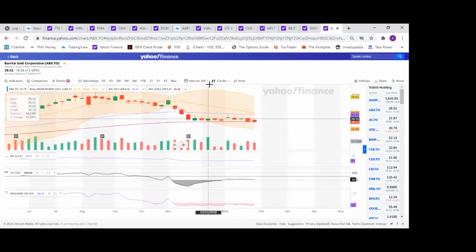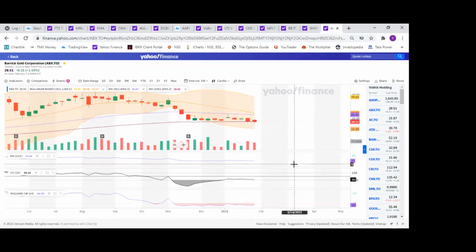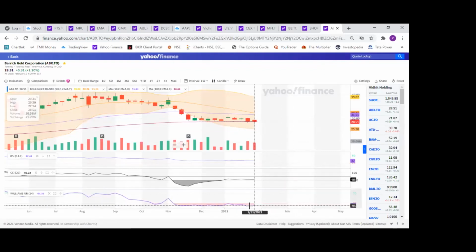And after a week, if I analyze now on the weekly chart, my RSI is at 37, CCI at minus 85, Williams-R at minus 91. There is a small weekly uptrend curving happening over here. So the last 2 weeks it is curving up. Now this is the weekly one.